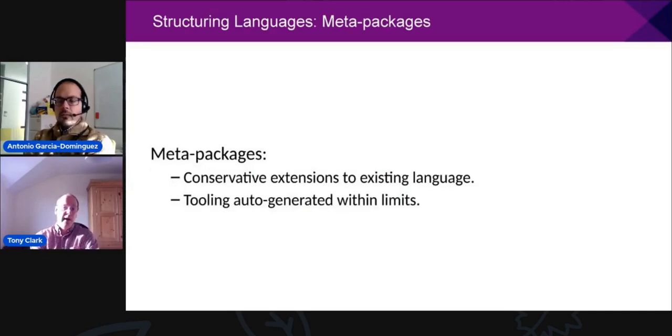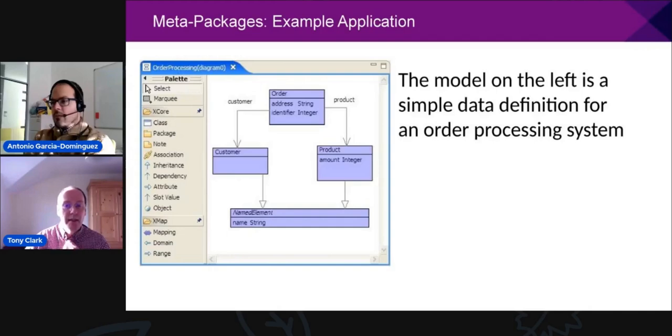So here's one way that we can structure the language engineering that very simple meta model will support, and that is meta packages. What we want to be able to do is structure our languages into packages, some of which contain languages themselves, some of which are just models, and the languages are called meta packages.